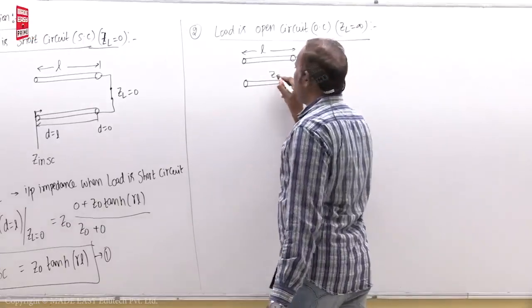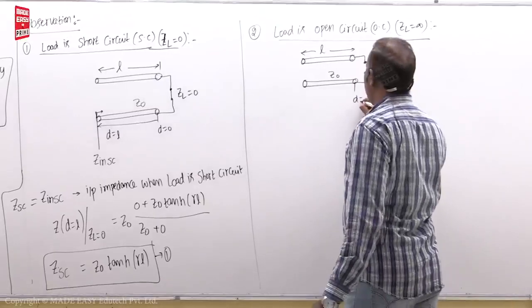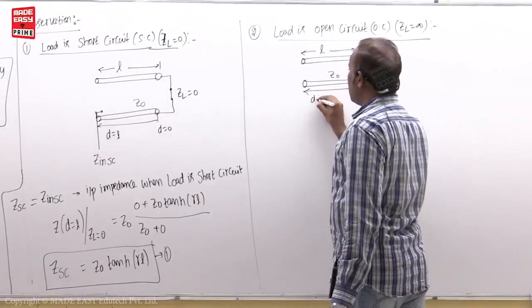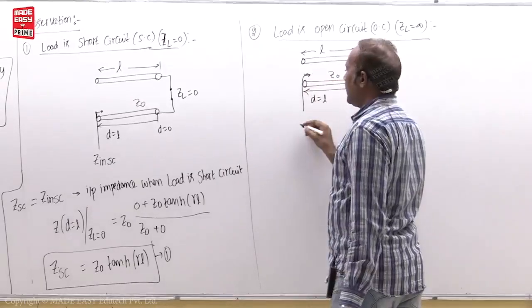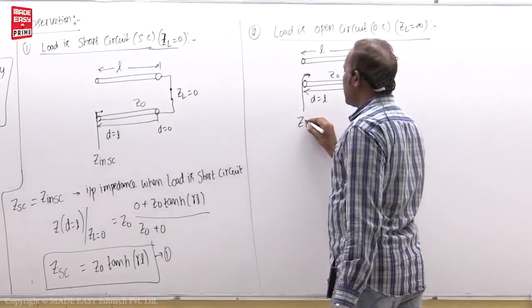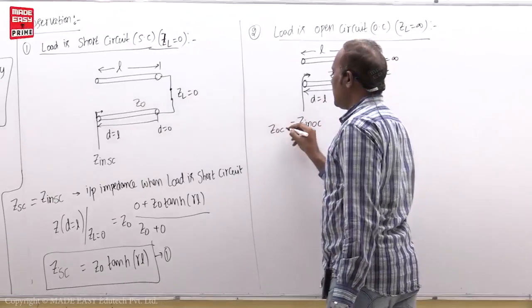So Z0 is the characteristic impedance in both the cases. D is equal to 0 means at load. D is equal to L means sending end. So that is Z in OC, that is also called ZOC.